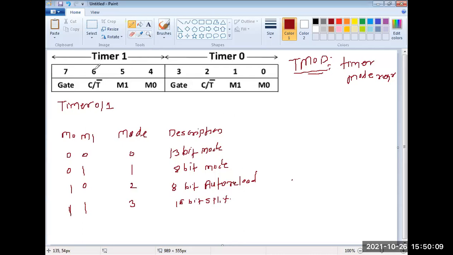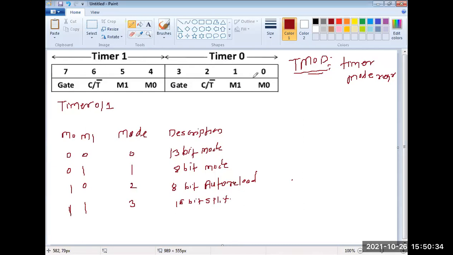Diagram is over. This is called the TMOD SFR, timer mode SFR. As the name indicates, timer mode. Either timer 0 or timer 1 has 4 different modes of operation based on the values of the lower bits, M0 and M1.